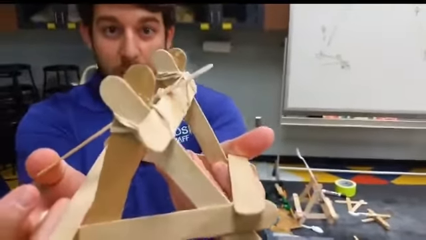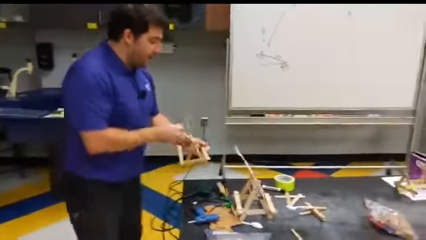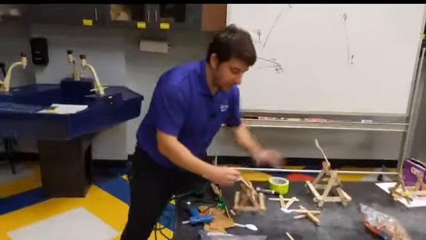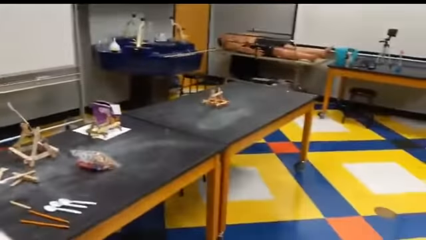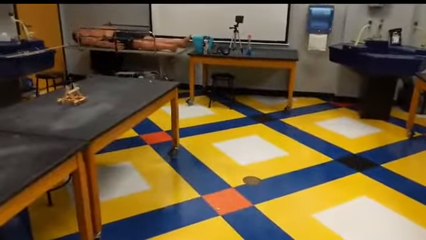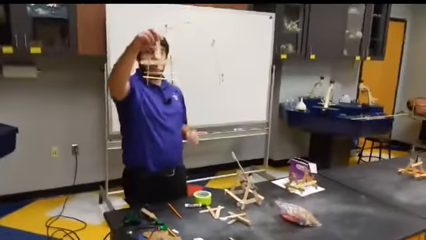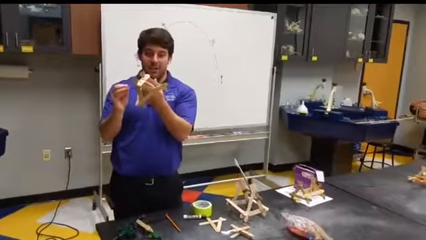So there's a whole bunch of tension in there. And if I do this one from the same exact spot, oh, it's too powerful. It hits the ceiling before it can go. This one is actually the best one. It does go the farthest because it has good tension in there.